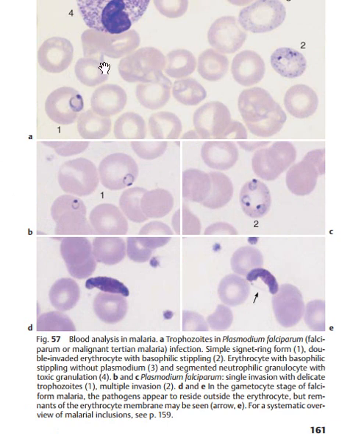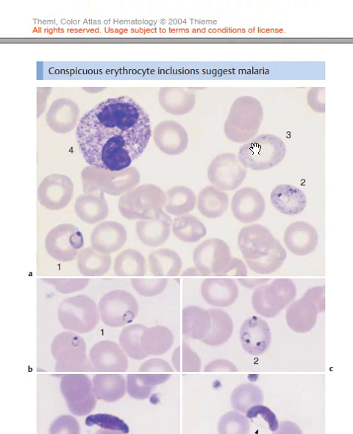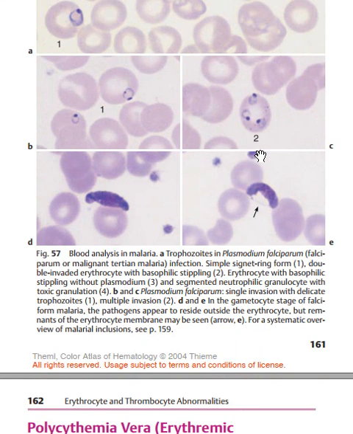That's one simple, you have a simple signet ring form. You have a double signet ring form in diagram 2 here. You have basophilic erythrocyte without Plasmodium in diagram 3. So without Plasmodium, you can visualize here in diagram 3.